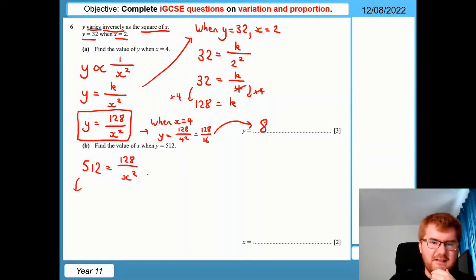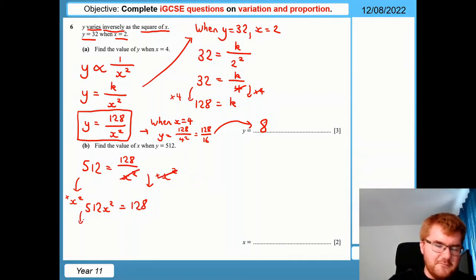So generally, I like getting rid of those fractions. It's the opposite of dividing by x squared. Well, I'm going to multiply by x squared on both sides. That gives us 512x squared is equal to 128. Now we're going to do kind of same idea as before. So now we're going to divide by 512 on both sides to get that x on its own.